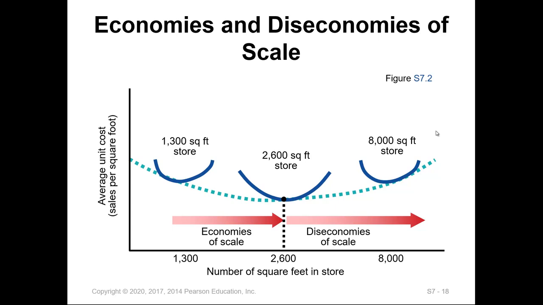The large space might increase the average unit cost, and the small space might also increase the average unit cost. So an optimum can be calculated to get the minimum average cost per unit through utilizing the right size or the right square footage.